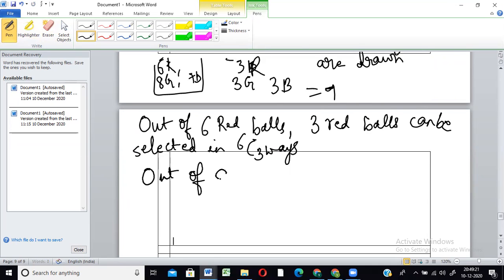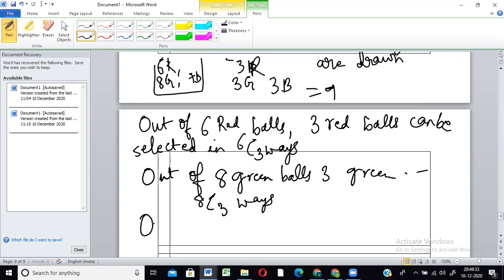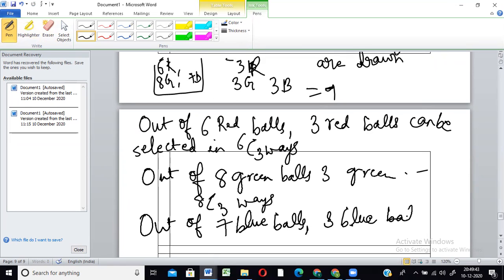Out of 8 green balls, 3 green balls can be selected in 8C3 ways. And likewise the last one, out of 7 blue balls, 3 blue balls can be selected in 7C3 ways.